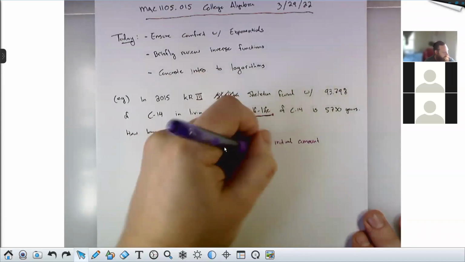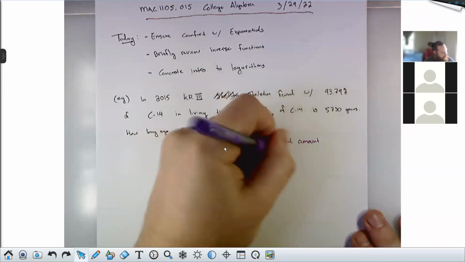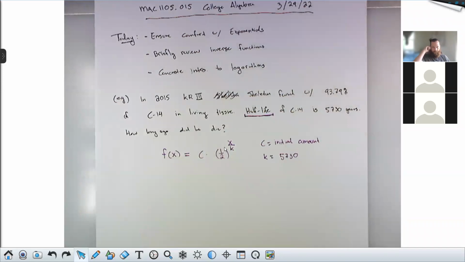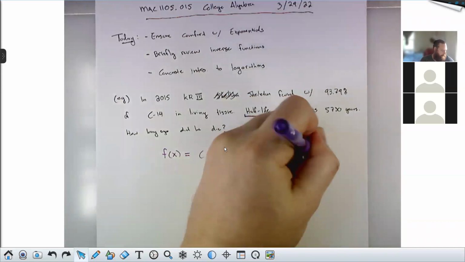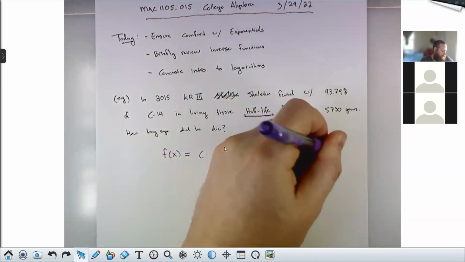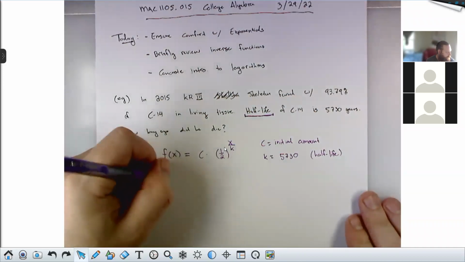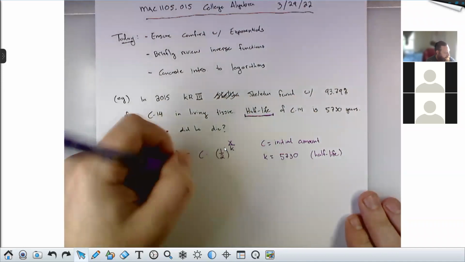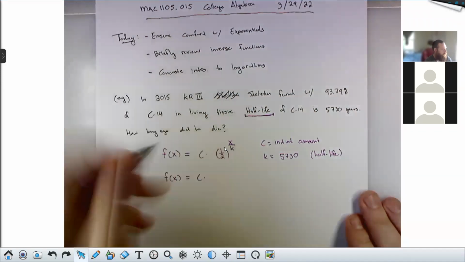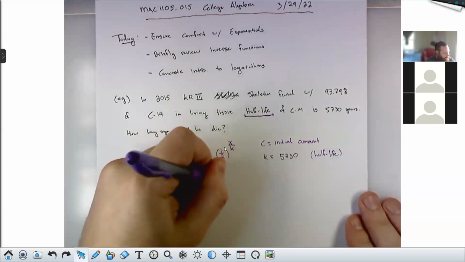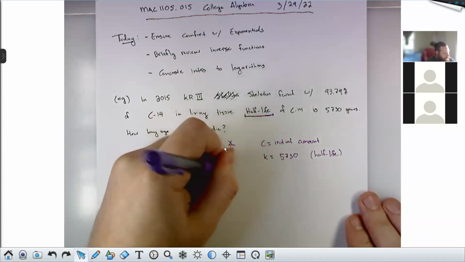But what you'll find is that that's not a problem as long as we have the half-life, which is 5,730 years. So the function that models the amount of carbon-14 x years after King Richard III's death is this one: the original amount of carbon-14 in his body times 1/2 to the x divided by 5,730.